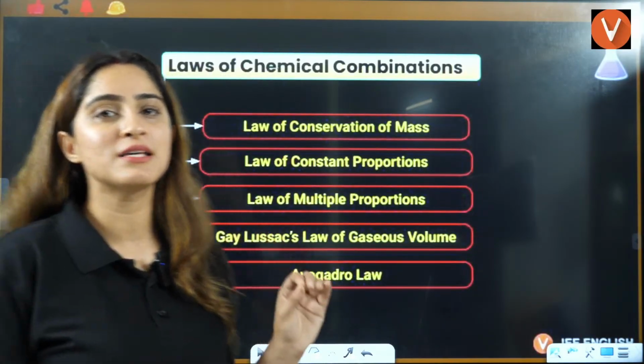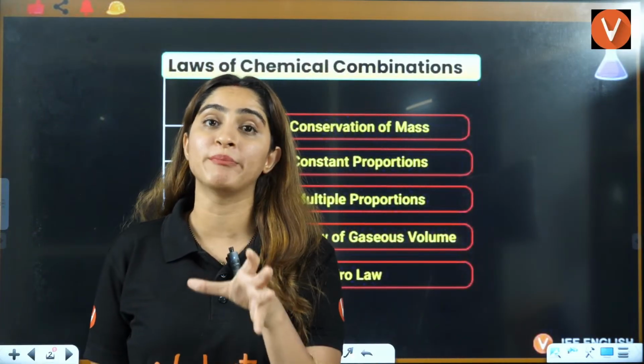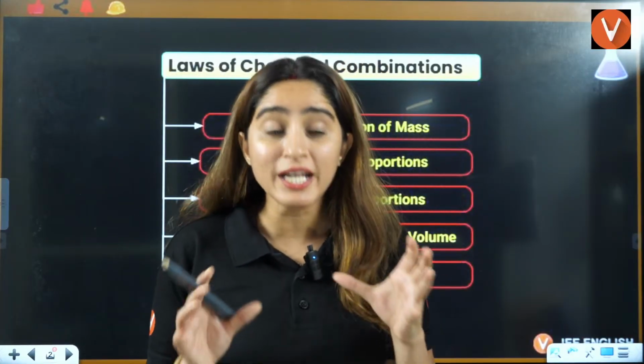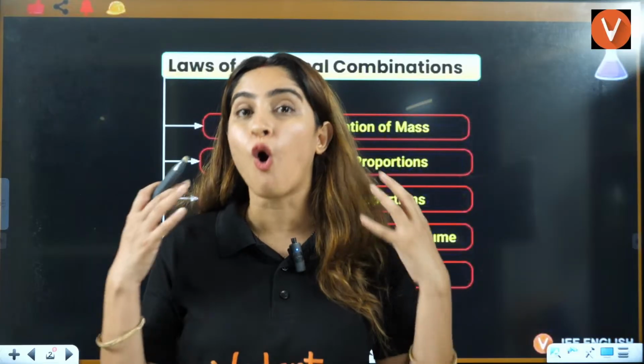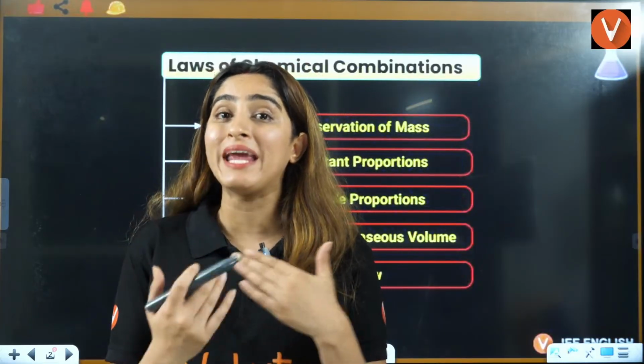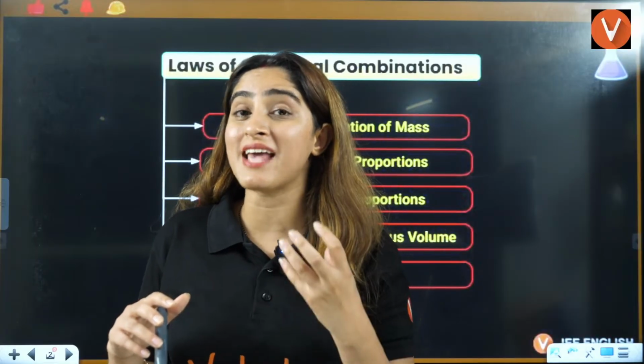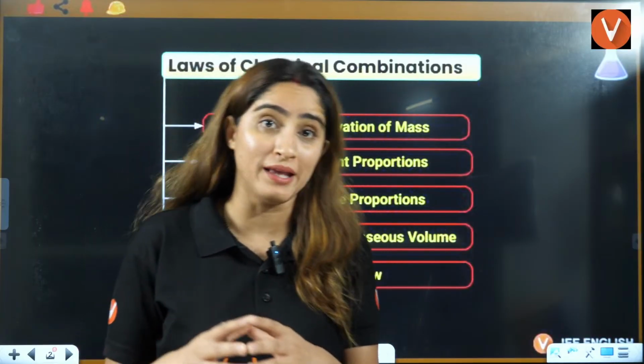Now, students, first we have the laws of chemical combinations. We are studying chemistry, so we need to understand what laws are obeyed when a reactant is getting converted to a product.